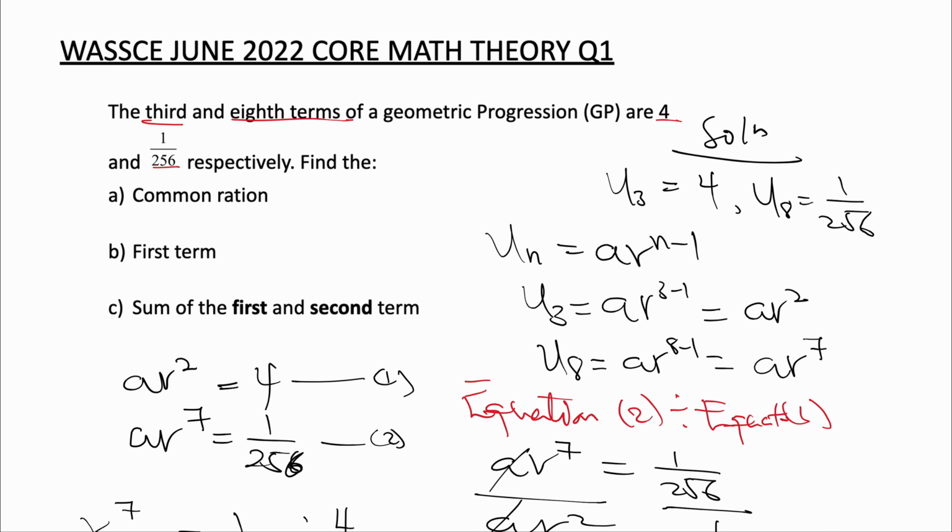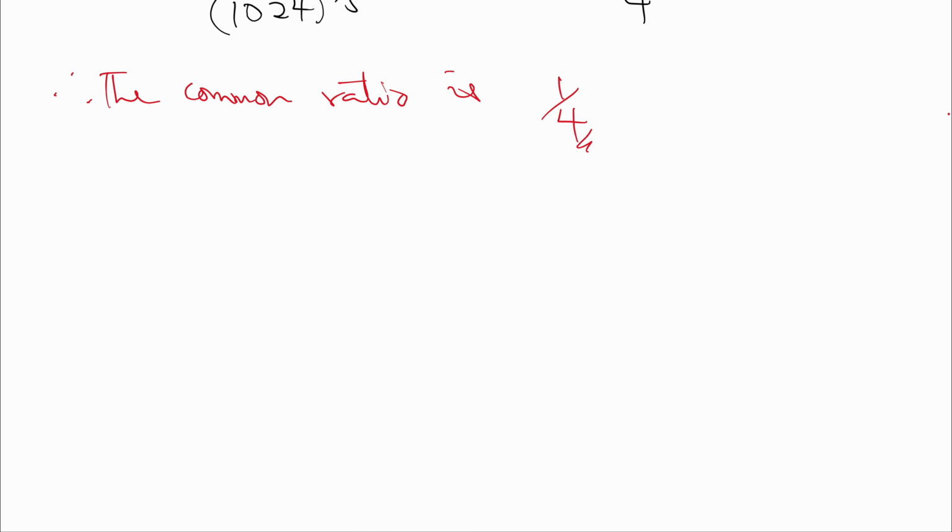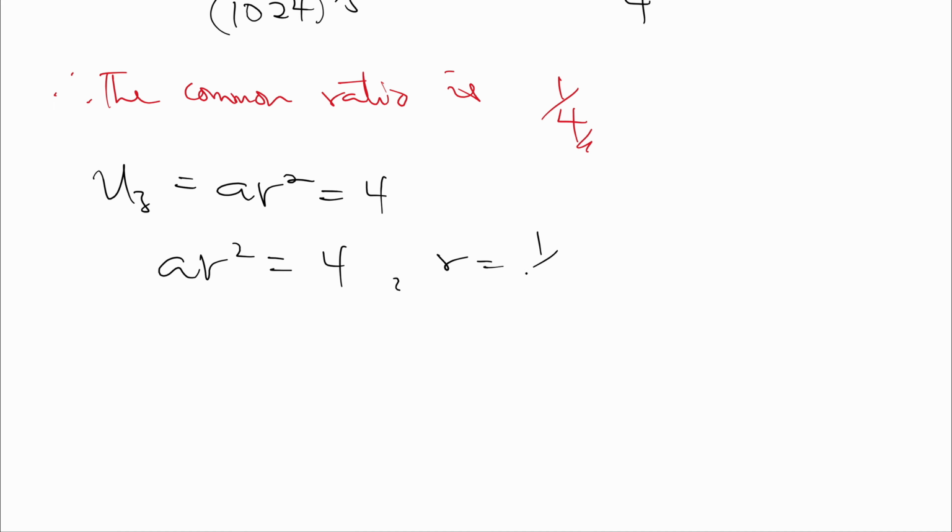Now question 1b says find the first term. We know that our third term is 4. So U3, which is equal to ar^2, is equal to 4. But we know that our r is equal to 1 over 4.